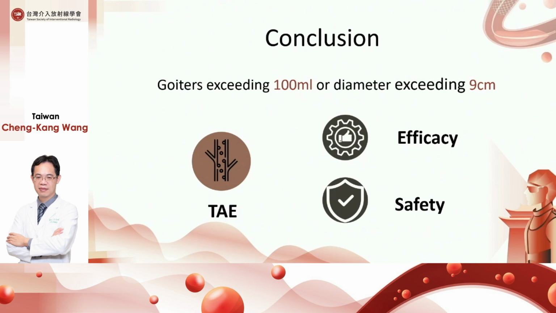But TAE is not only a primary treatment, it can also be a bridge treatment for a huge thyroid goiter. If a patient with a huge thyroid nodular goiter refuses an operation or is not a good candidate for surgery, TAE could be a primary treatment with a good volume reduction ratio and improved intrathoracic extension.